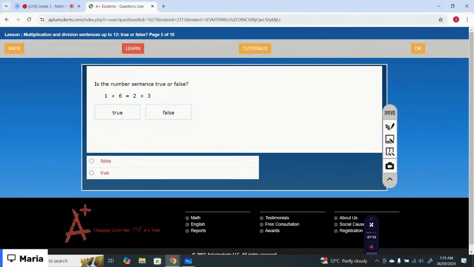Option number 1, that's option true. Option 2, true it is, right? 6 times 1 is 6 and 2 times 3 is 6. So true it is. Option number 2 is the correct option, right?